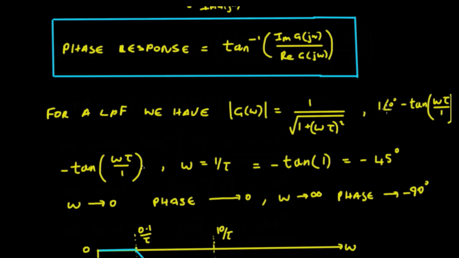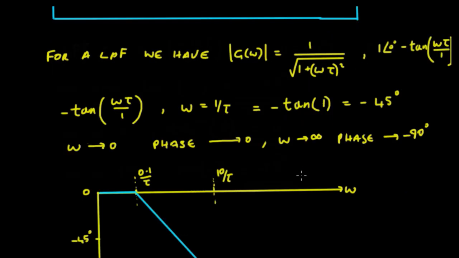So that whole thing there is just going to be minus tan of omega tau upon 1. So if we were to say omega equals 1 upon tau, then that equals minus tan of omega tau, which would be tau upon tau, which would just give us a value of 1, so that would be the minus inverse tan of 1, so that's going to be minus 45 degrees.